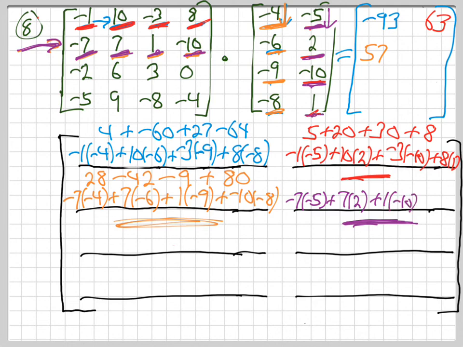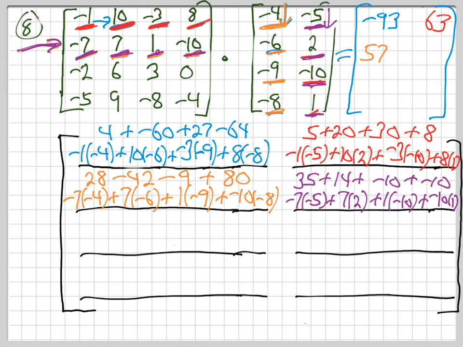Go to the right, go down always, plus minus 10 times 1. So what does all that add up to be? 35 plus 14 plus minus 10 plus minus 10. Is that like 29? Yeah, 29 on the calculator. Okay.